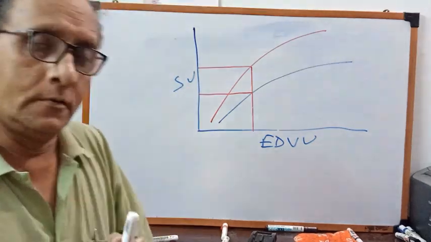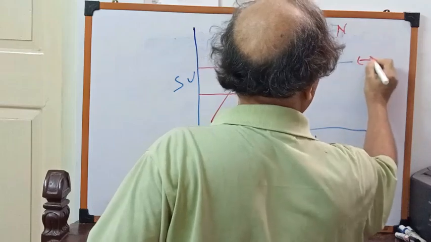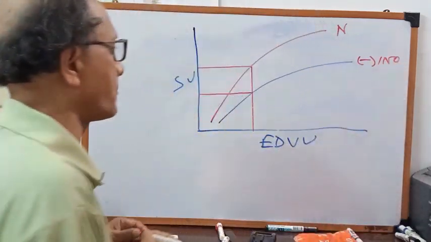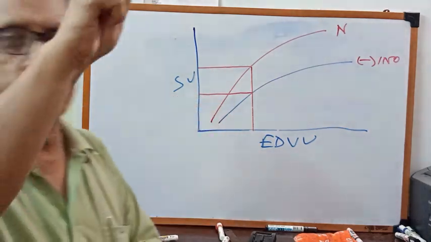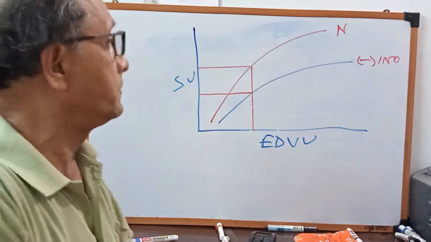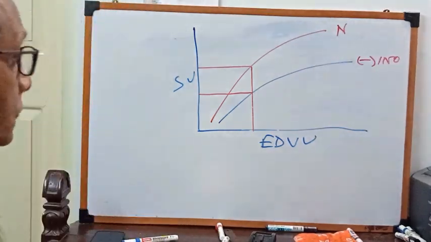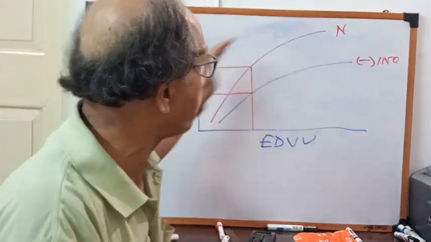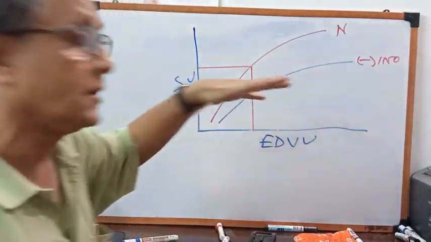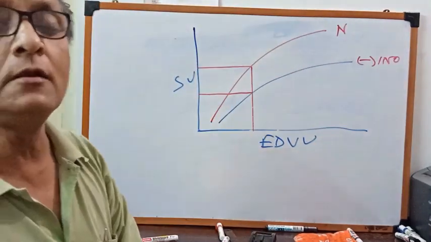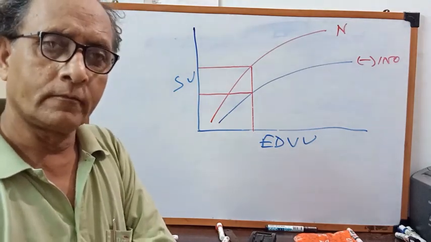If stroke volume is reduced with the same EDVV, then stroke volume divided by EDVV will become less, so ejection fraction will fall. When this ventricular performance curve is shifted downwards, it will lead to a fall in the ejection fraction.